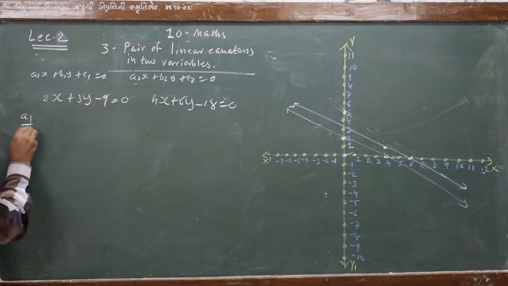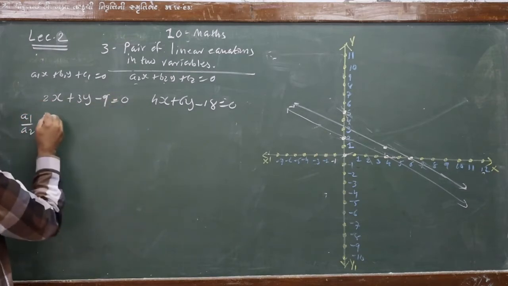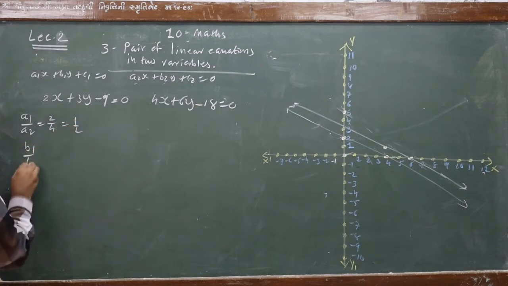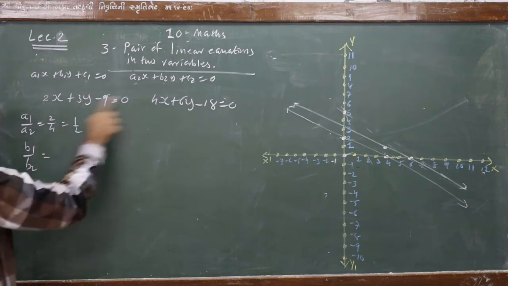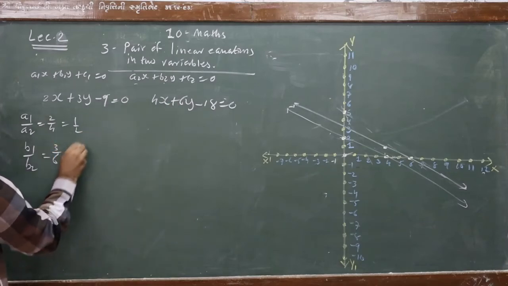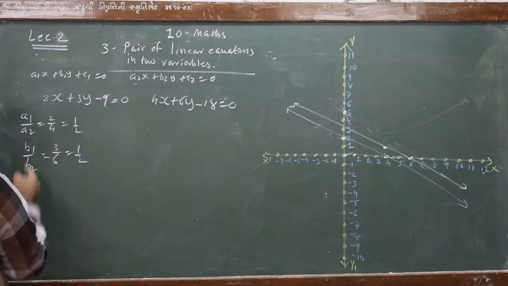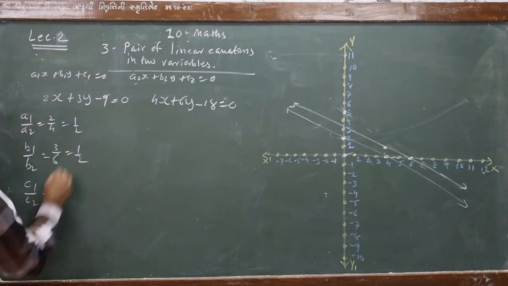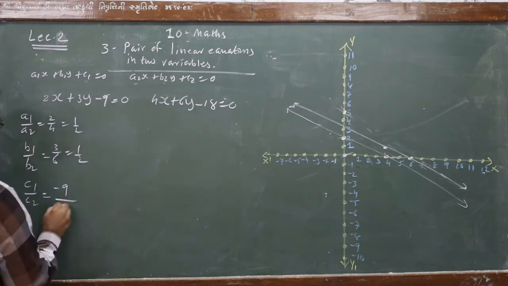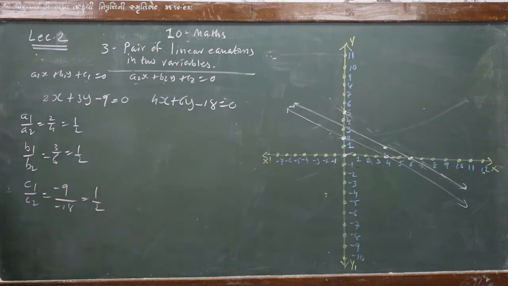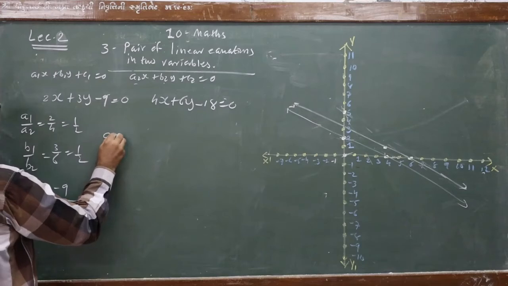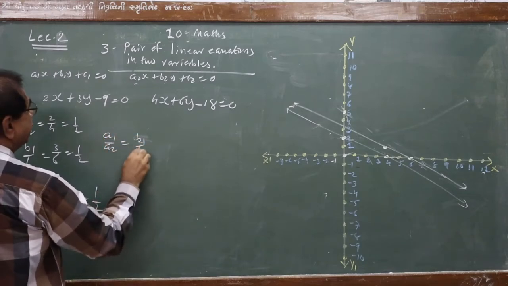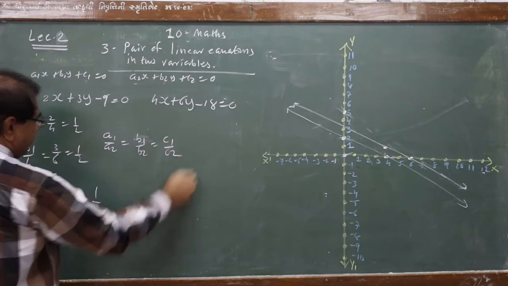So a1 upon a2, 2 upon 4, that is equal to 1/2. b1 upon b2, 3 upon 6, again it is 1/2. So when both are equal, we have to check the third one also. c1 upon c2, minus 9 upon minus 18, again it is 1/2. So here we are getting a1 upon a2 is equal to b1 upon b2 is equal to c1 upon c2.